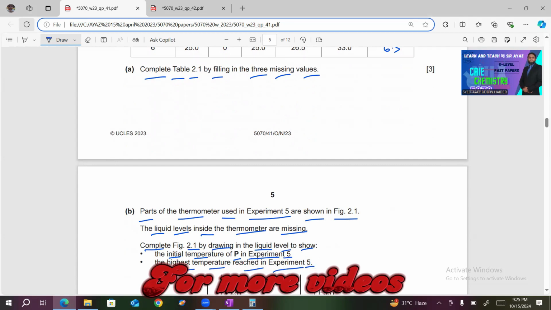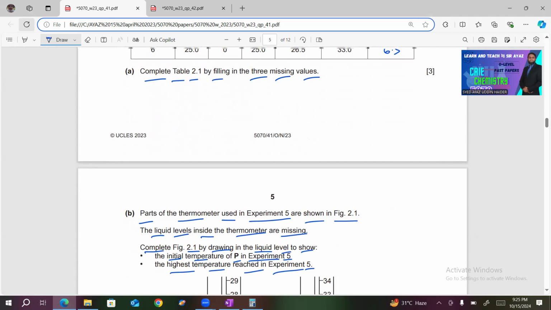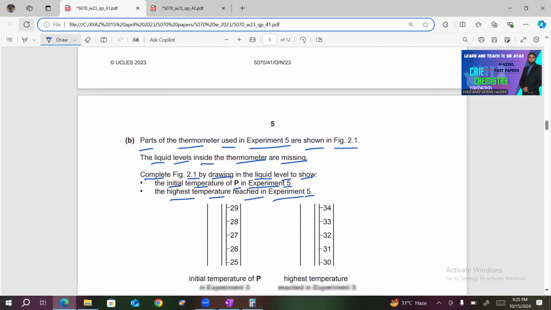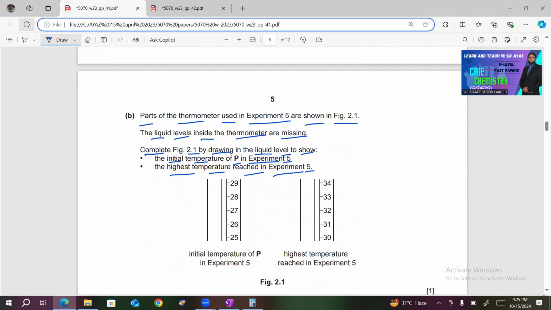Initial and final temperature, initial and the highest temperature, experiment number 5. Here's experiment number 5. It's 26 and 32.5. 26 centigrade and 32.5 degrees centigrade.